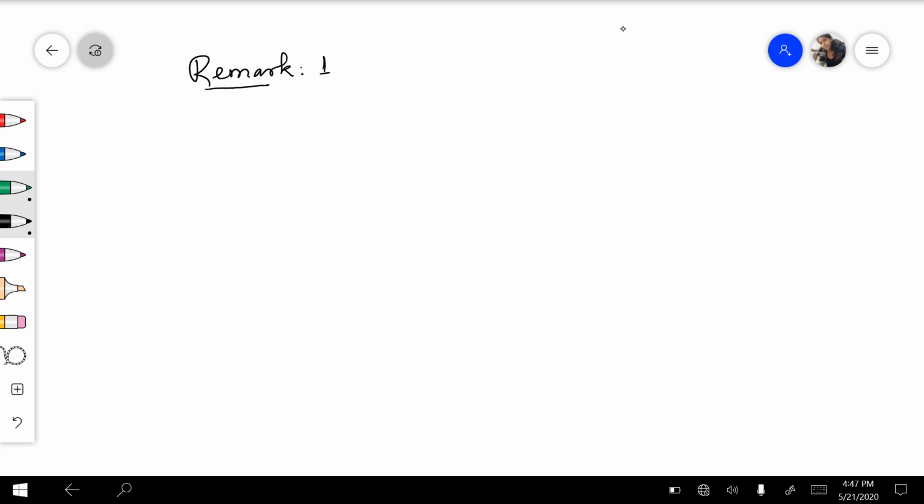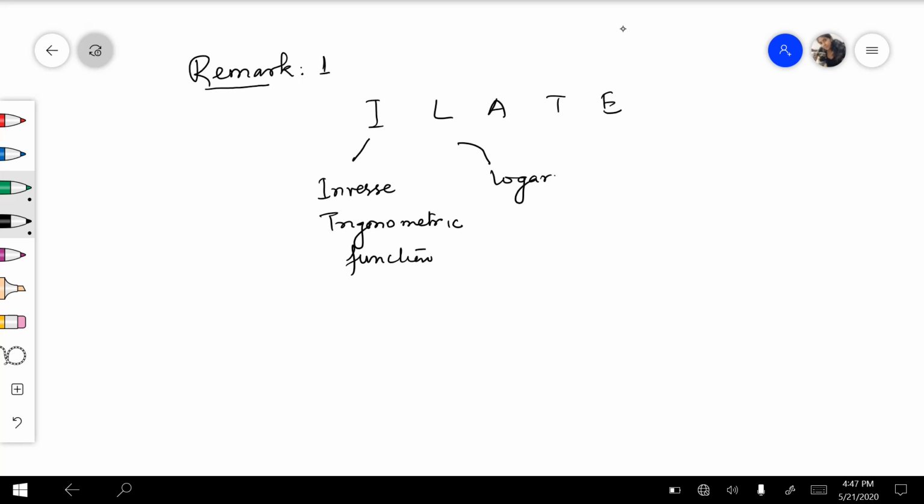So, to remember all those things, I'm putting highlight, where I stands for inverse trigonometric functions. L stands for logarithmic function. Here A is algebraic function.